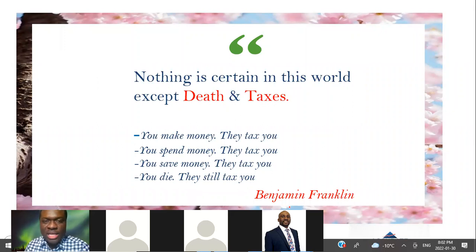Right on. Yeah, so this slide talks about taxes in the developed world. That nothing is certain in this world except death and taxes. When you make money, you pay taxes. When you spend money, you pay taxes. Even when you save money, you pay taxes.